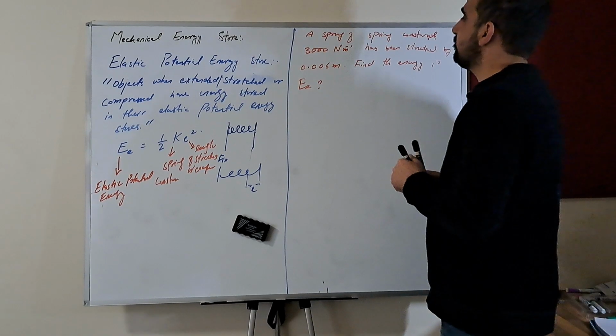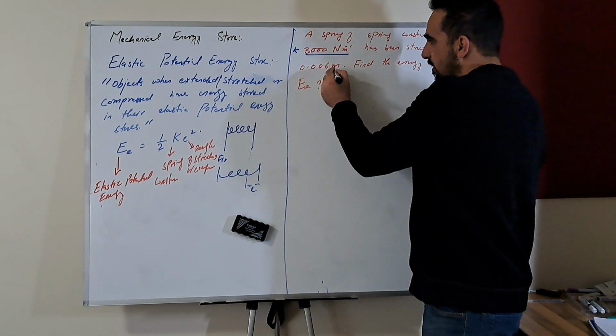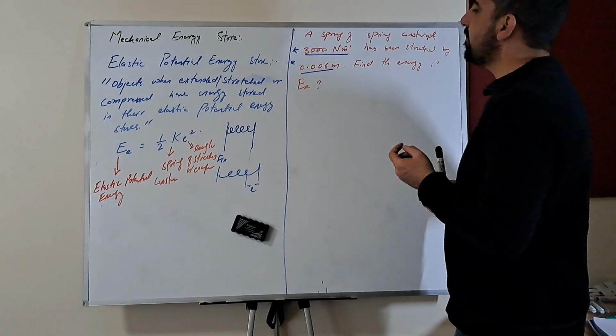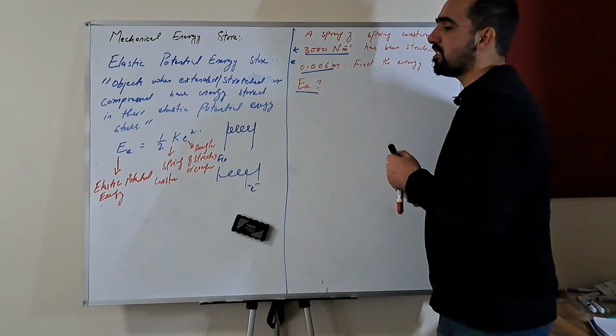So again, we got spring constant, that is k, we got stretching, which is e, and now what we need to find is elastic potential energy.